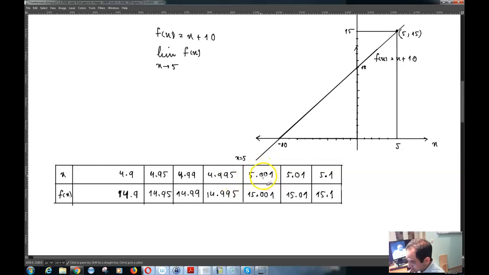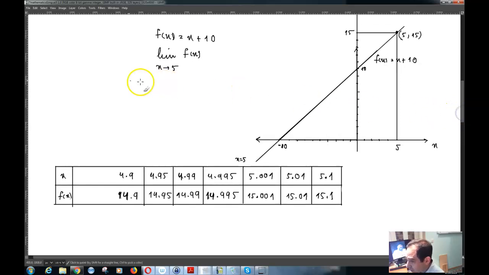Now you can see that when I get very close to 5 from the right, the value of the function is very close to 15. When I get very close to 5 from the left, the value of the function is also very close to 15. That means I can write the limit of f of x when x tends to 5 from the right is 15, and the limit of f of x when x tends to 5 from the left is equal to 15.